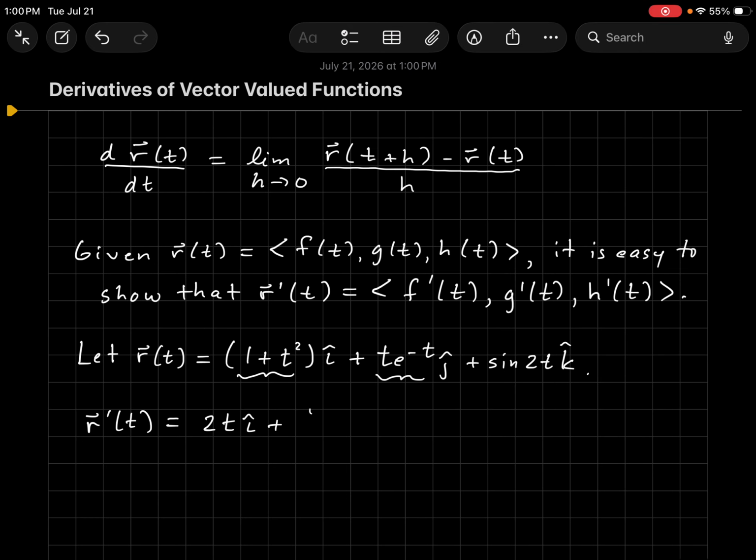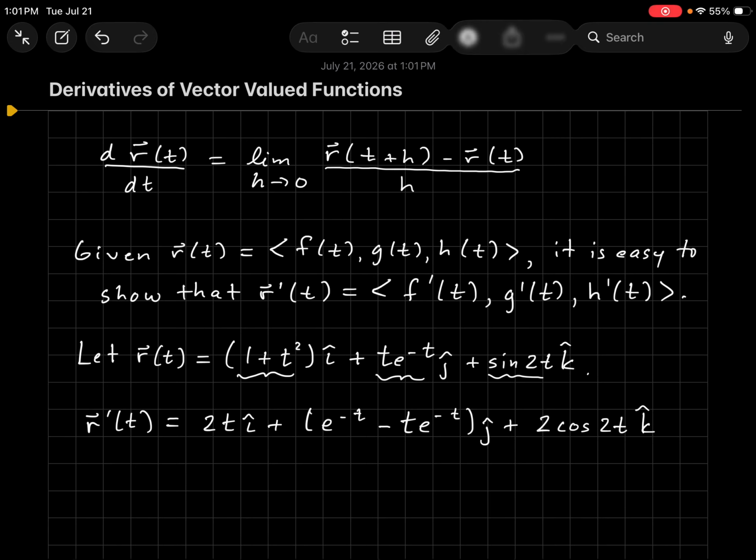Here we need a product rule, so we have e to the negative t plus t e to the negative t times the chain rule, so it's minus t e to the negative t. And then plus the derivative of the part that corresponds to k, the z part, which is 2 cosine 2t. Okay, so simply take the derivative of each component separately.